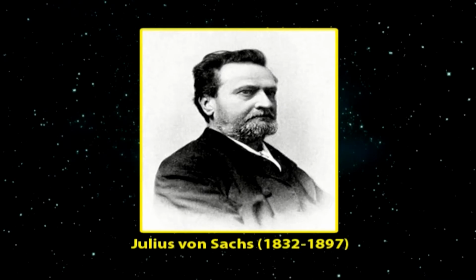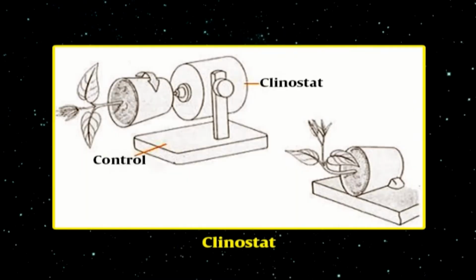In fact, before Darwin's, the scientific studies on plant movements were pioneered by Julius von Sachs. Julius von Sachs is credited with the invention of clinostat. This clinostat was later on used to study the various types of plant movements.